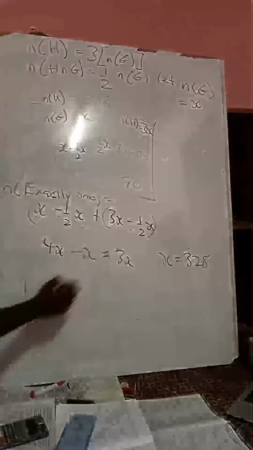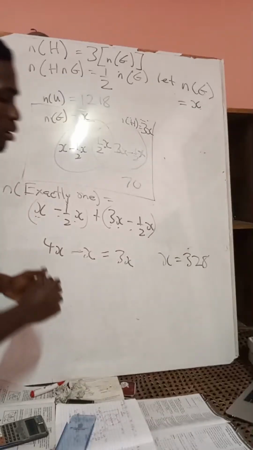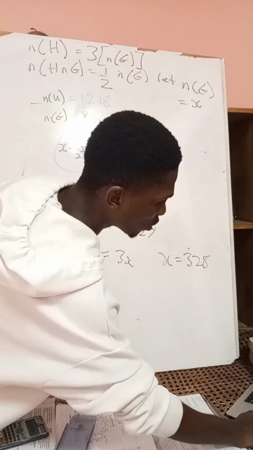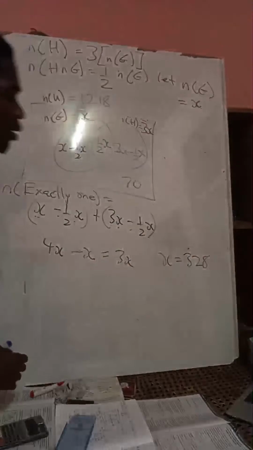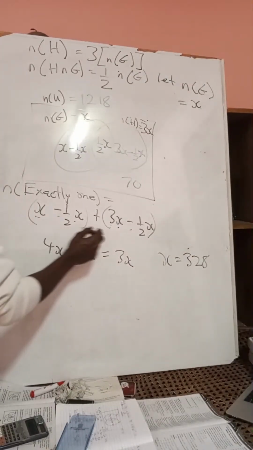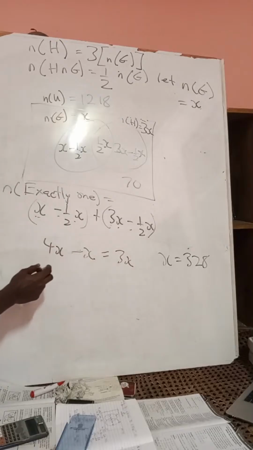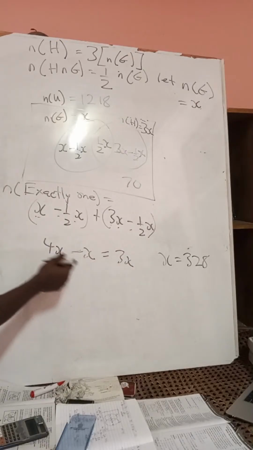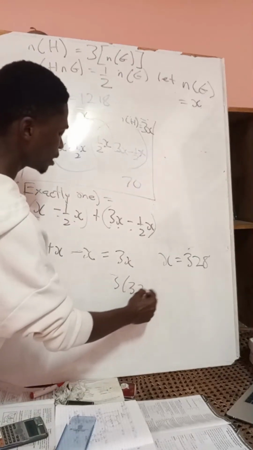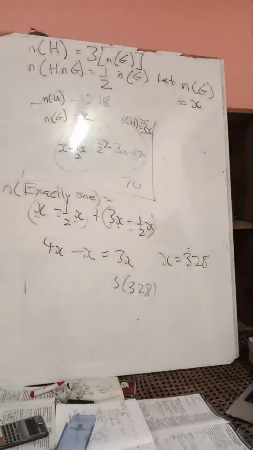Let me know if you can see it clearly when you comment below. This one plus this one gives 3x. 3x is the same as 3 times 328, then you solve and get the answer. That's all.